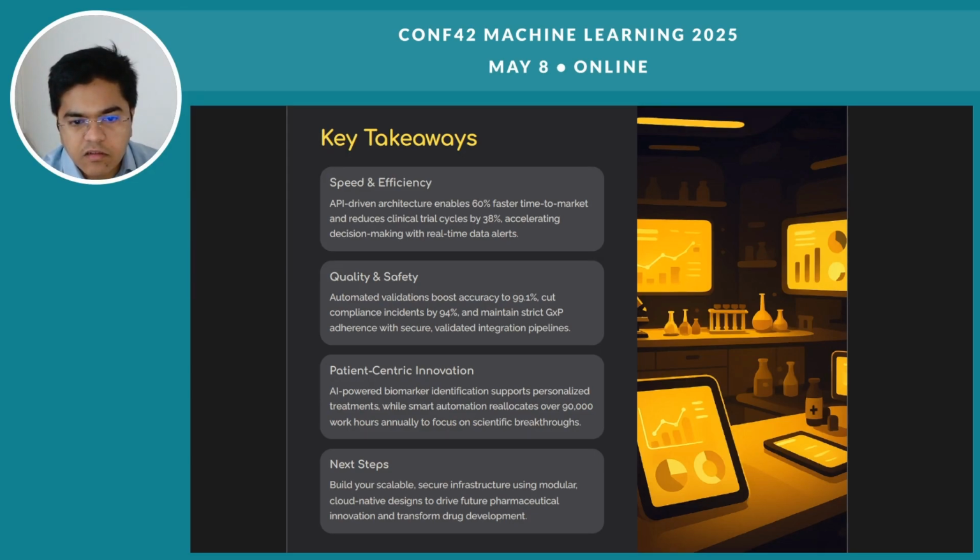Patient-centric innovation, AI-powered systems and automation freed up over 90,000 hours a year for research breakthroughs. And the next step is to build secure, modular, cloud-native systems to drive innovation and transform pharmaceutical operations.